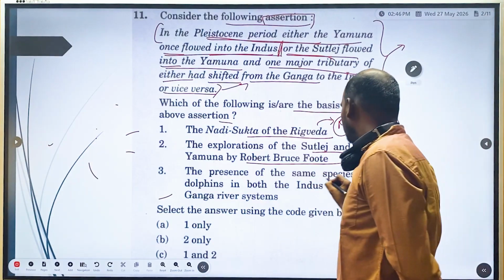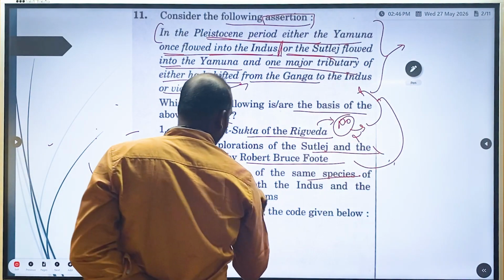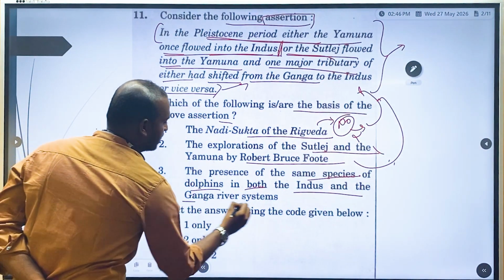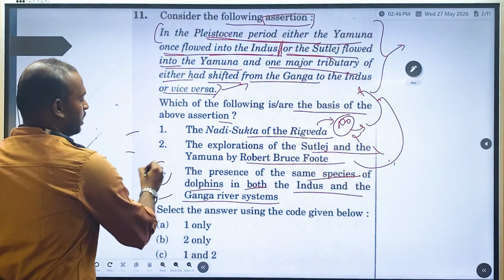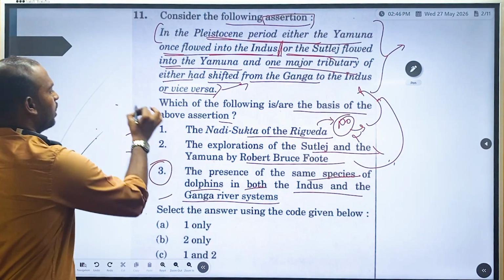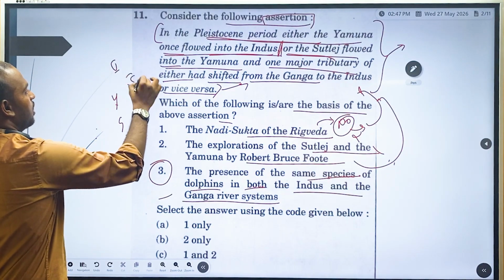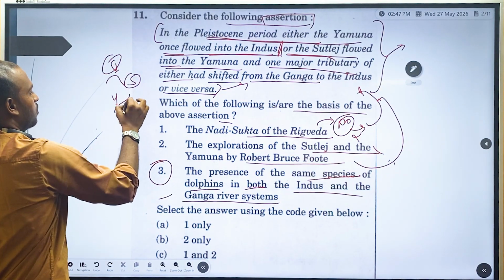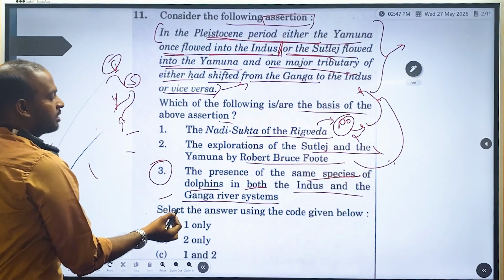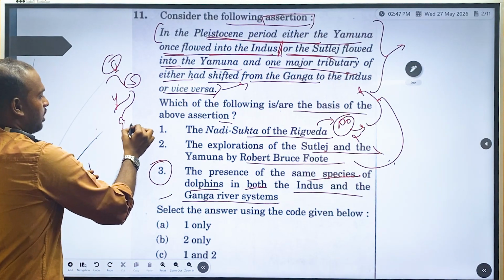The presence of the same species of dolphins in both the Indus and Ganges river systems. See, once the Yamuna, Ganga, Indus, Sutlej, all these were linked with one another. So the species seem to be similar.